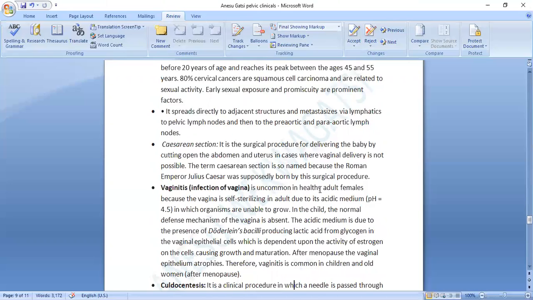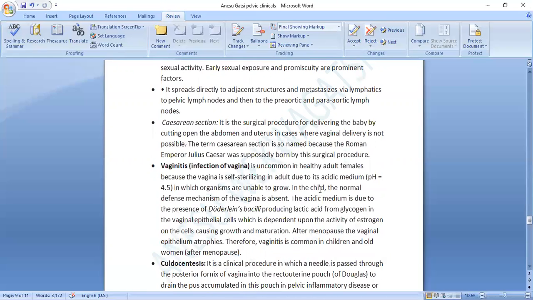And vaginitis, that is infection of the vagina, is not really common in healthy women, but you then find that in unhealthy women it is really common. This is due to the fact that there is a self-sterilizing effect in the adult due to the acidic medium that is within the vagina. So this acidic medium is due to the fact that we have what you call Doderlein's bacilli that produce lactic acid from glycogen in the vaginal epithelial cells.